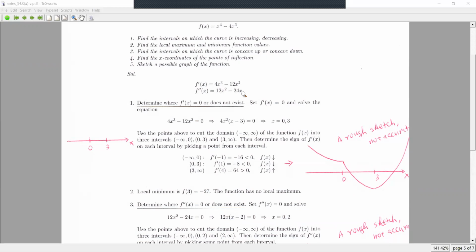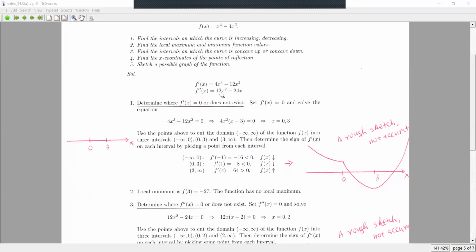So the second derivative exists everywhere. Okay, now let me set the second derivative to 0 and solve this equation.